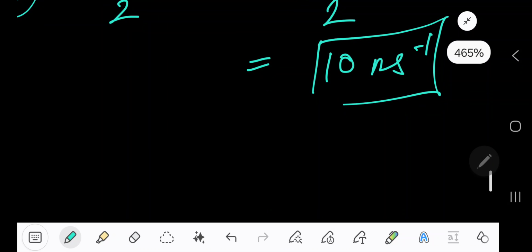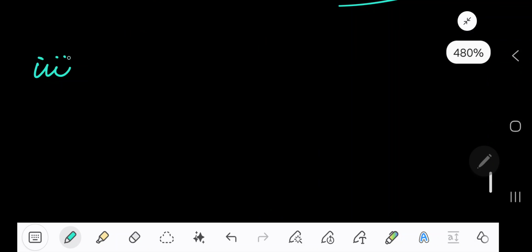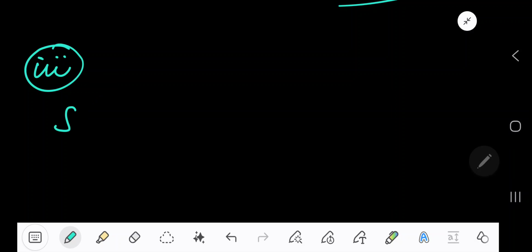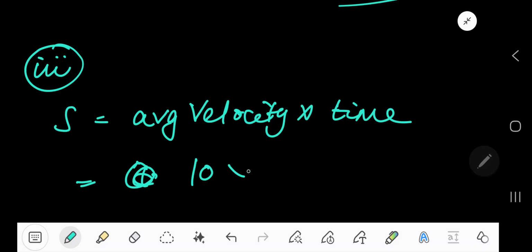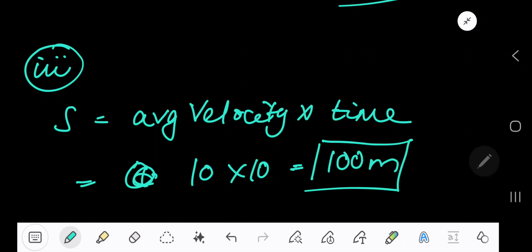And third, the distance traveled, basically s, is equal to average velocity into time. Average velocity we just got as 10, and time is 10. So the distance is 100 meter. And these are the three answers.